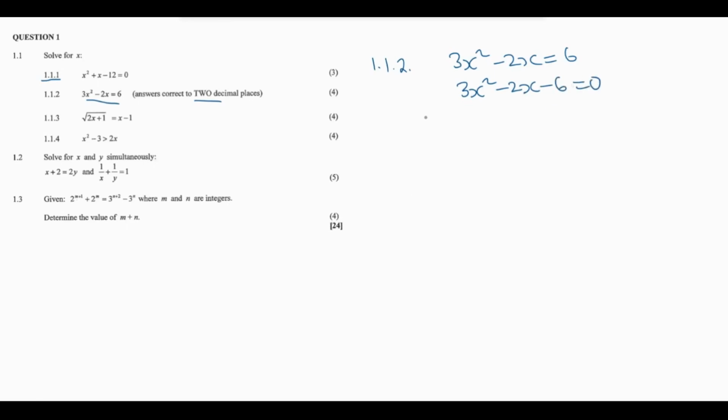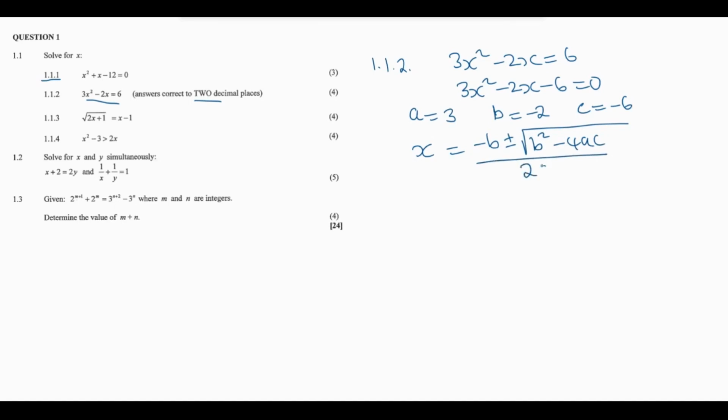So we have a is equal to 3, b is equal to negative 2, and c is equal to negative 6, and the formula is x is equal to negative b plus or minus the square root of b squared minus 4ac, all over 2a.